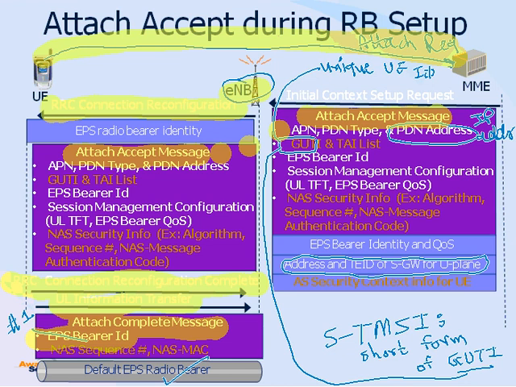In general, you have two messages which are available for NAS: downlink information transfer and uplink information transfer. These two are RRC messages that can carry NAS messages. So anytime you want to send a NAS message, you can put it inside an uplink or downlink information transfer message.